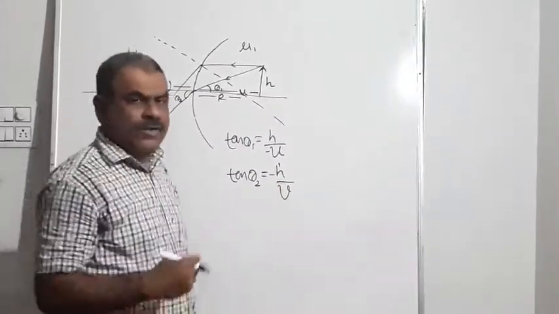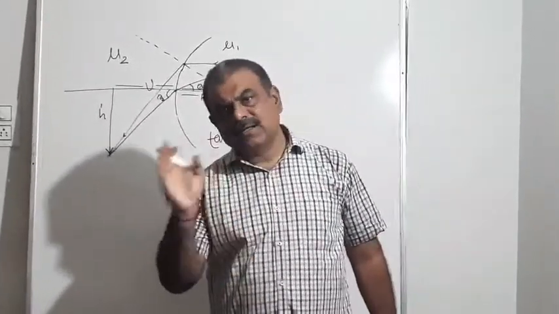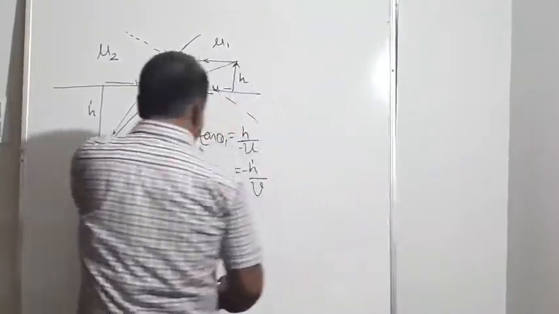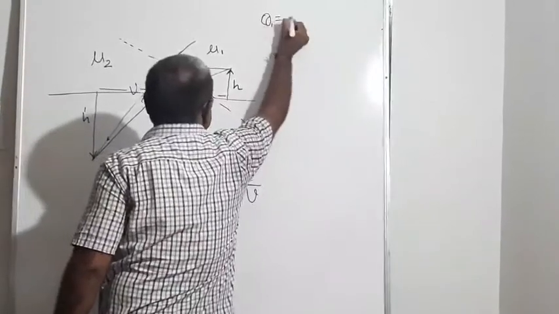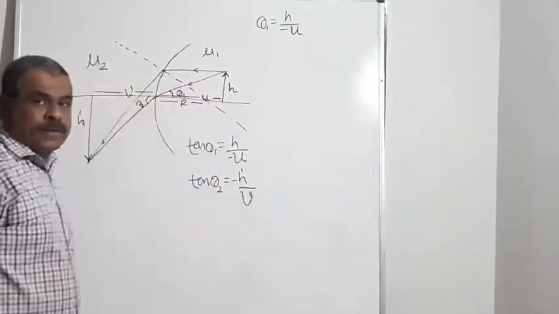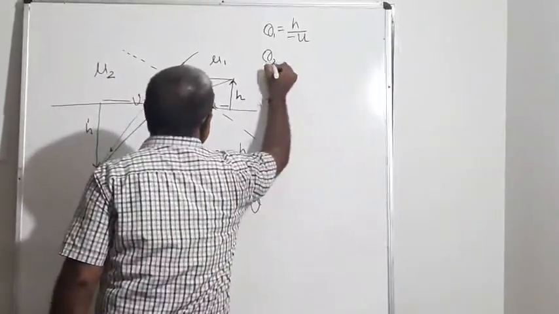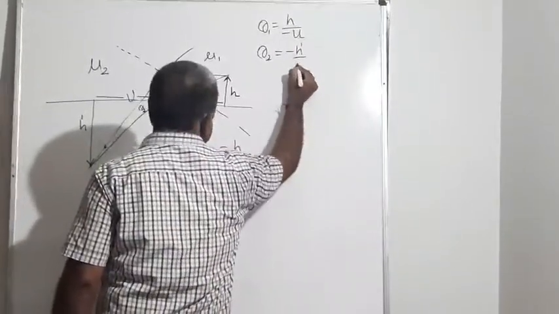And what we used to have, application for small angle, sin theta or tan theta you can replace with theta. So the tan theta 1 I can replace only with theta 1. So theta 1 is equal to h by minus u. Similarly, theta 2 is equal to minus h dash by v.